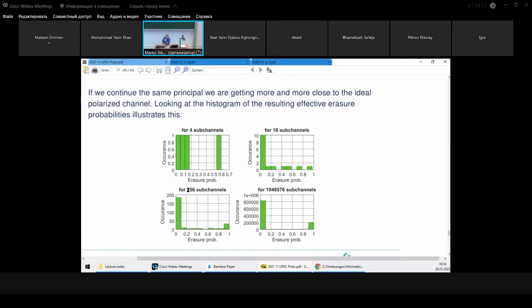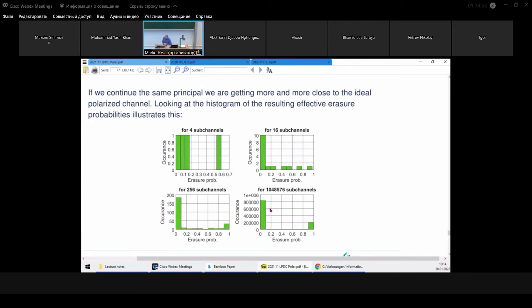Extending this further, like 256 subchannels, you see the polarization becomes more and more clear. So you get approximately here like 180 almost perfect channels, and here like 30 really bad channels. And extending this further to 1 million subchannels.